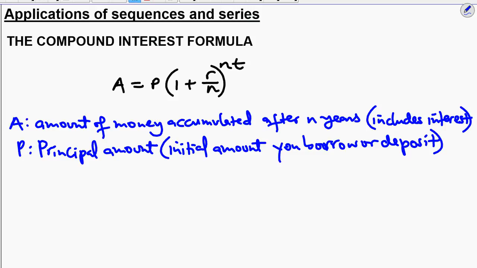R is the annual rate of interest, and we usually write it as a decimal.